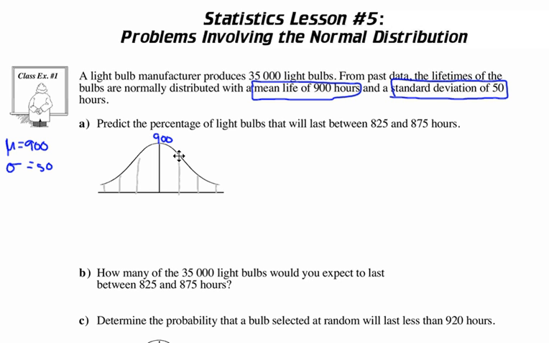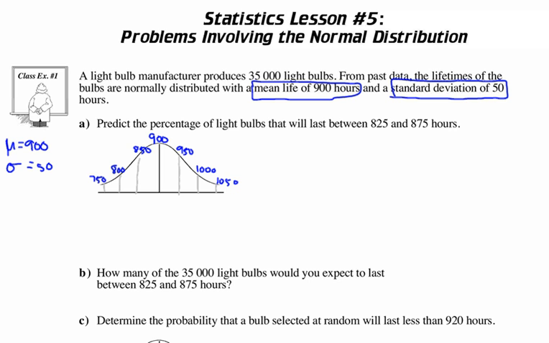So our x-scores can go on top. If we know that our mean is 900, then remember our standard deviation is 50. So the next one would be 950, then 1,000, then 1,050. And going the other direction, we'd have 850, 800, 750.